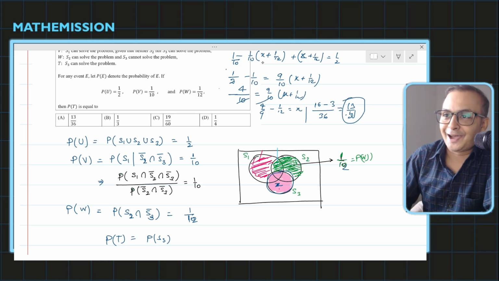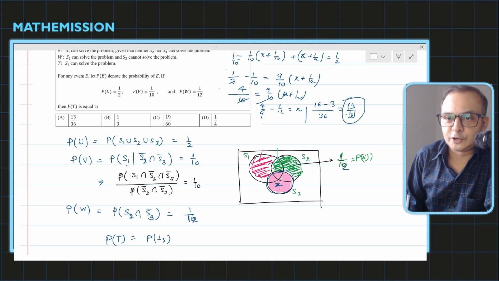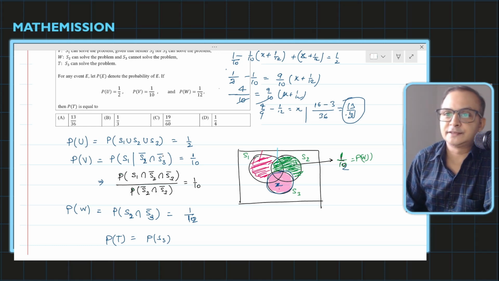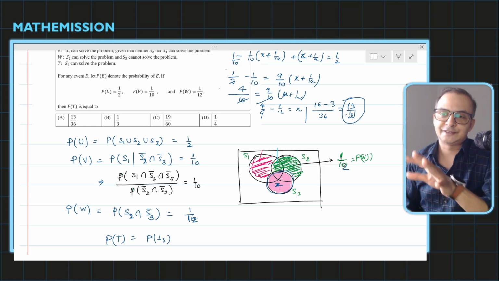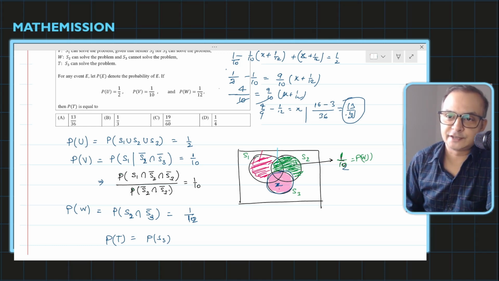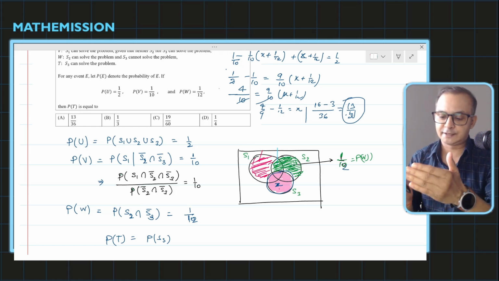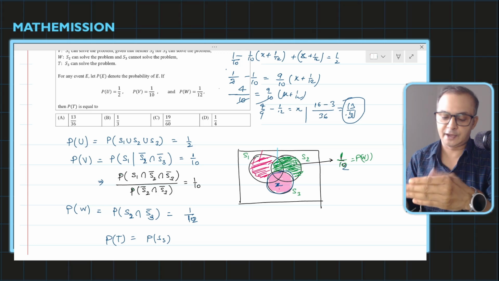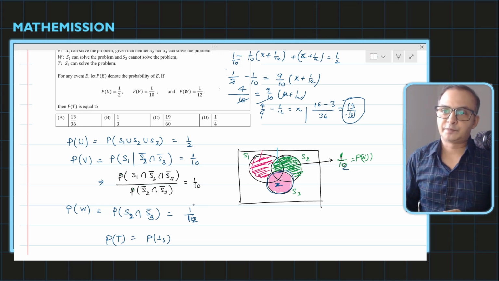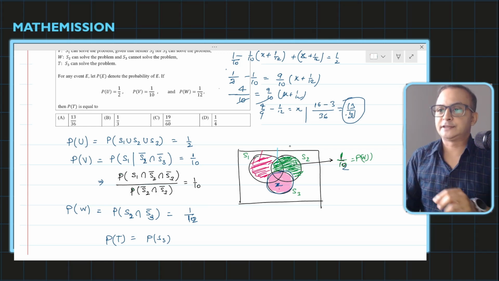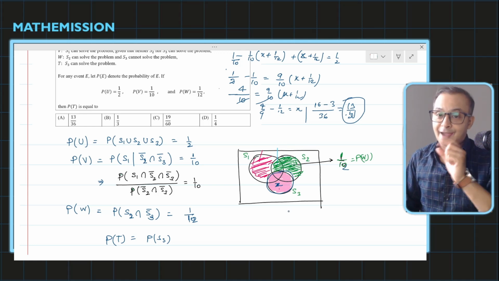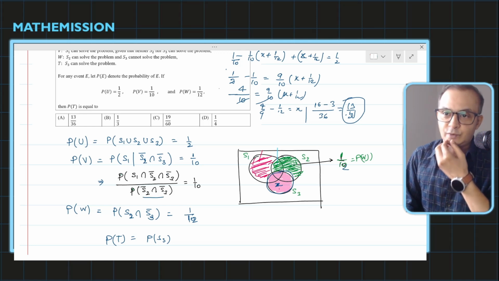Now here you can see the clue: S1 given S2 dash intersection S3 dash. What is the meaning of this? When you take the conditional probability, the original sample space is now shortened. Previously the sample space is the entire universal set, or this whole box, but now it comes to this one.